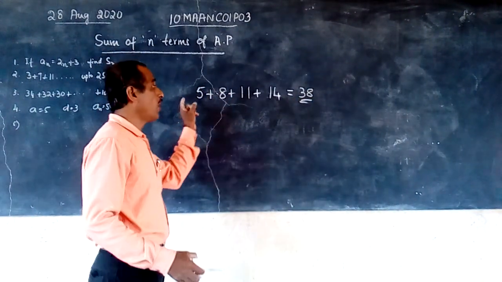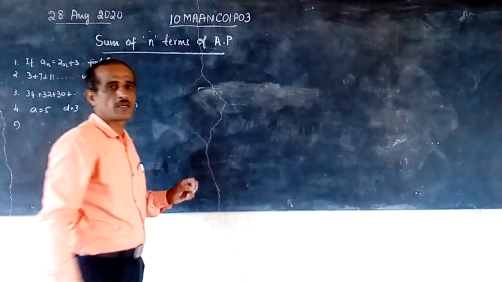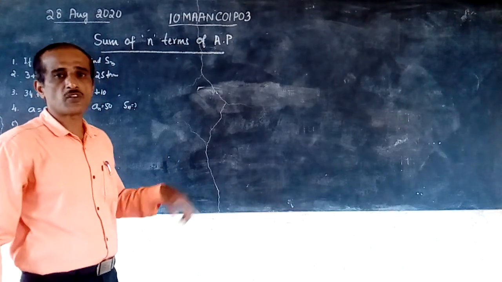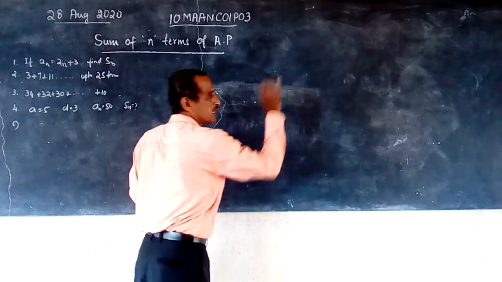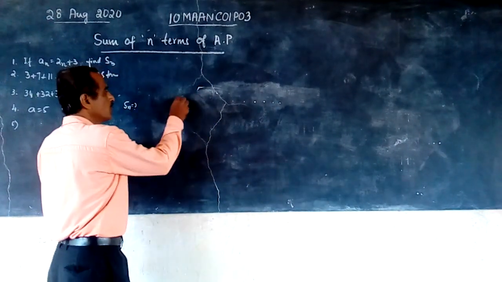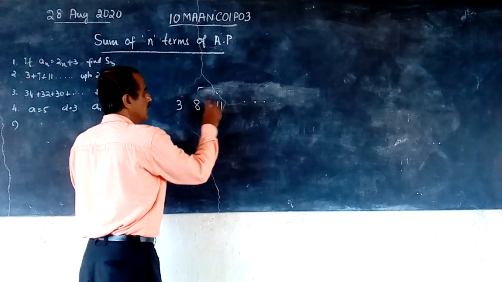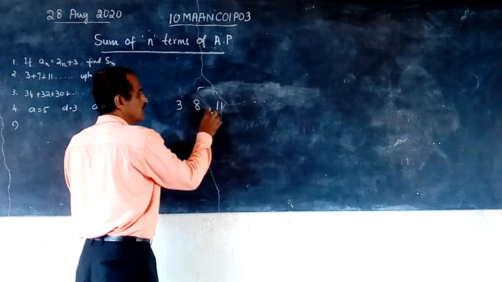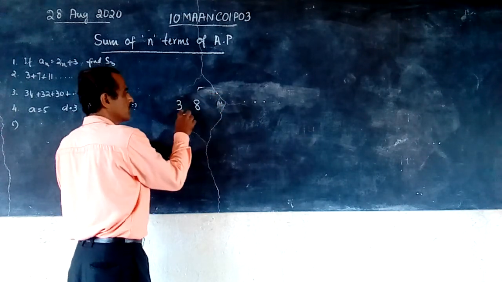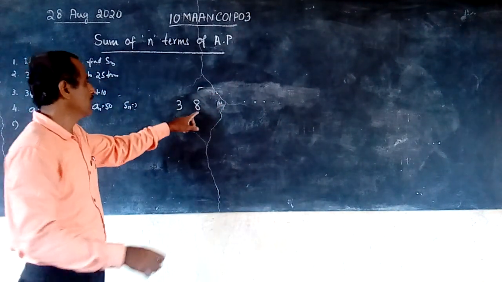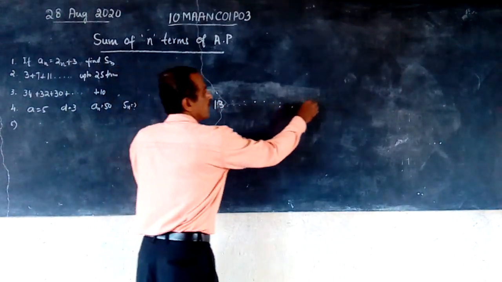Suppose a large set of numbers in AP is given, then how do we find the sum? It's very difficult. Suppose the first few terms are given, 3, 8, then 3 plus 5 is 8, 8 plus 5 is 13, and the last term is given here.